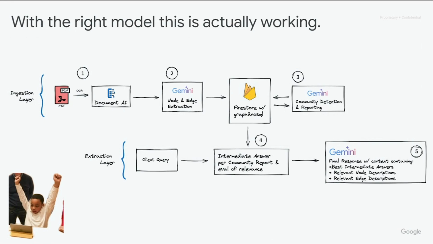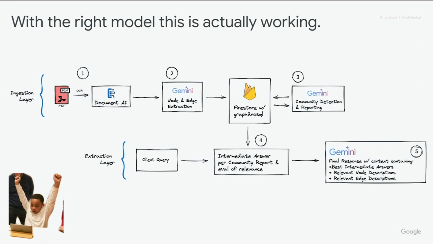Then at step 3, I run the community detection, and I take these communities and feed them again to Gemini to generate the community report. That is also stored in Firestore alongside my graph data. Then the extraction layer would be query time, with a client query coming in. At step 4, you first have this map step, right?